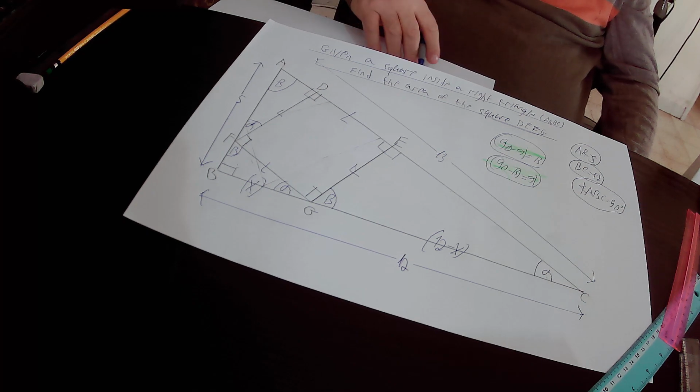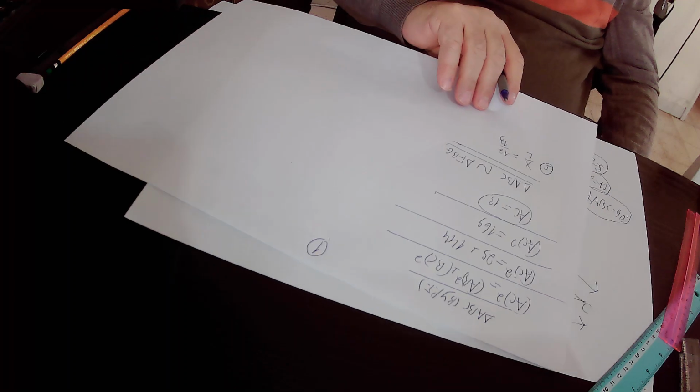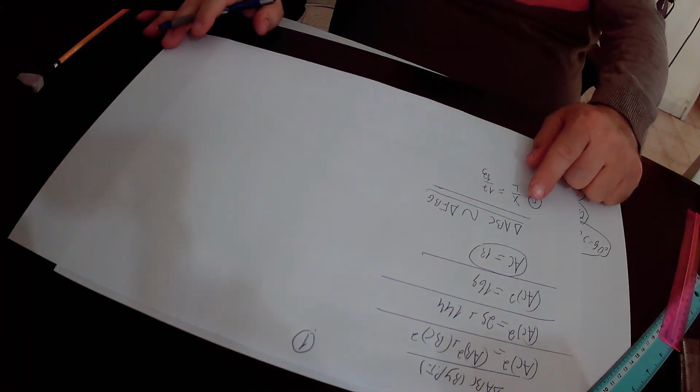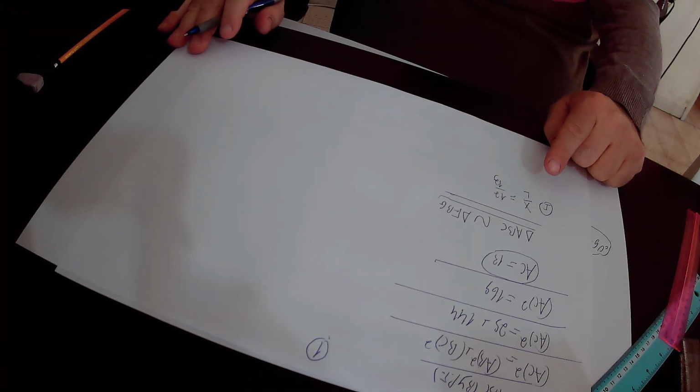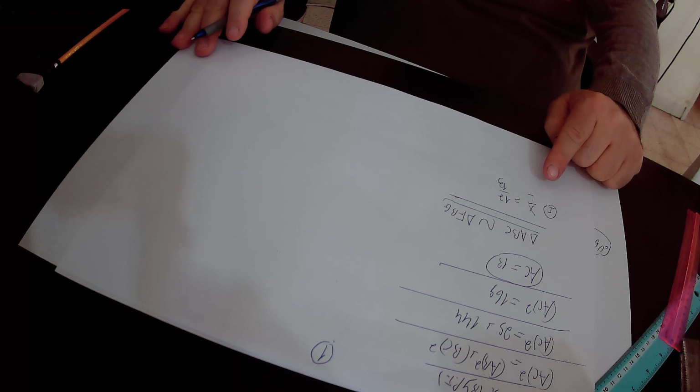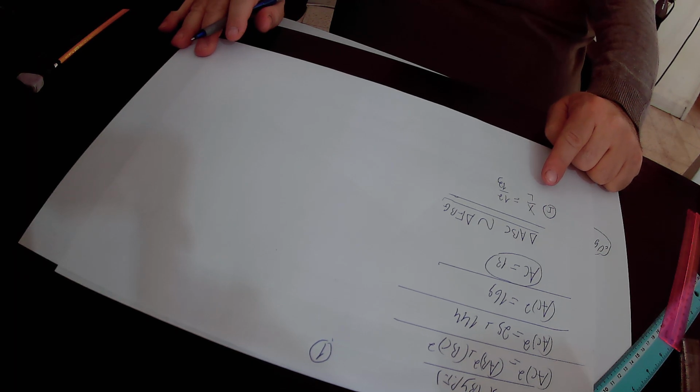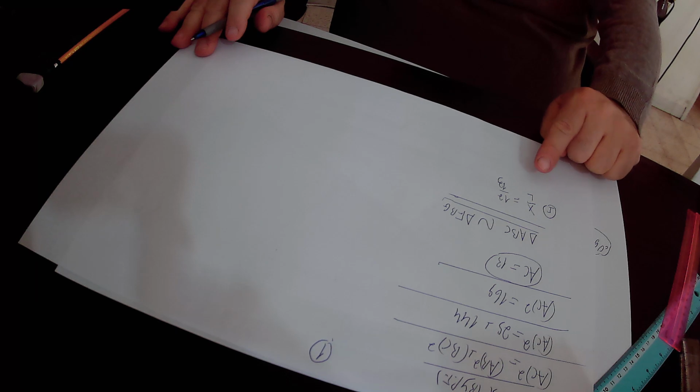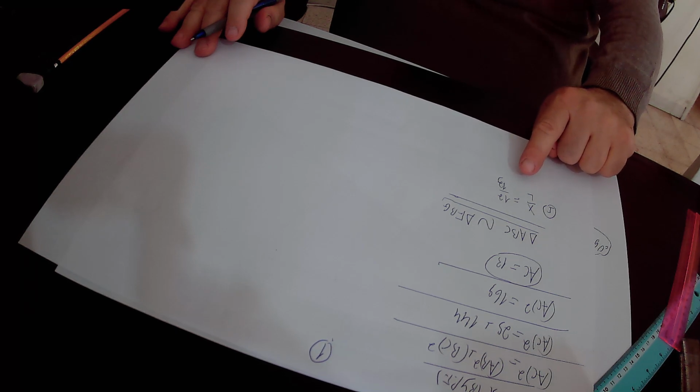So in conclusion, because the big right triangle ABC is similar to the small right triangle FBG, the following relationship exists between their sides. X over L in the right triangle FBG is equal to 12 over 13 in the right triangle ABC.